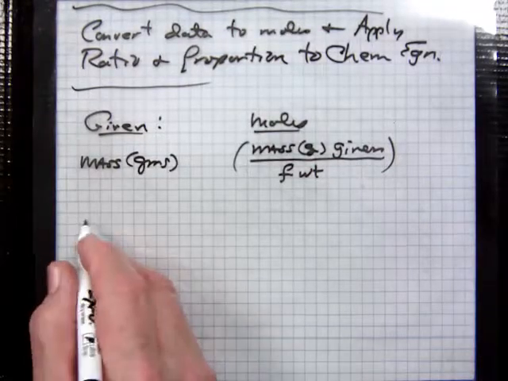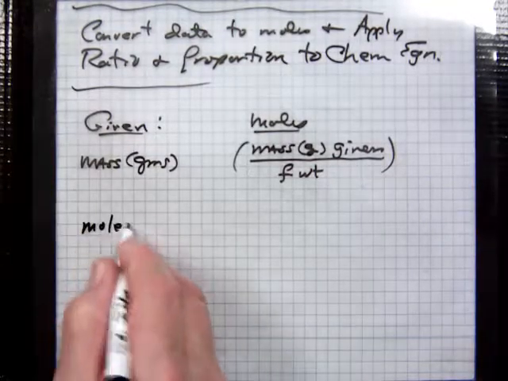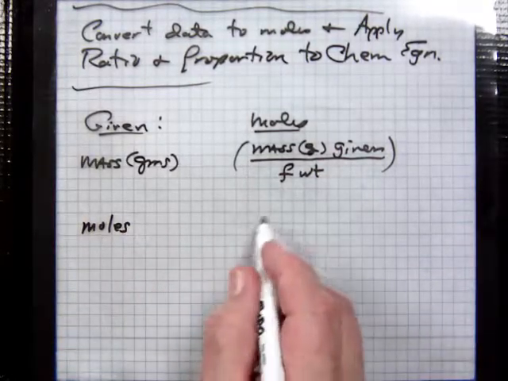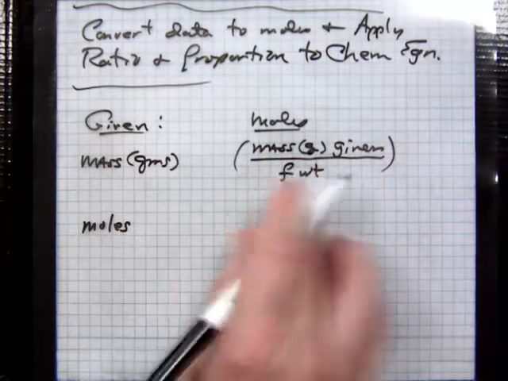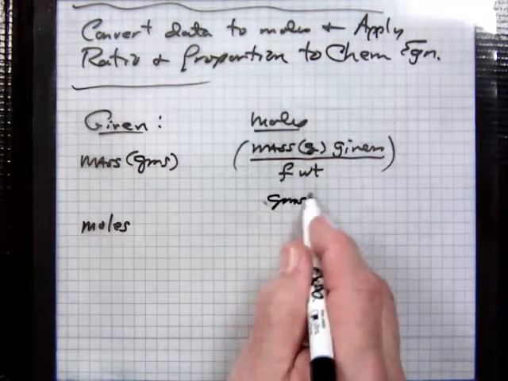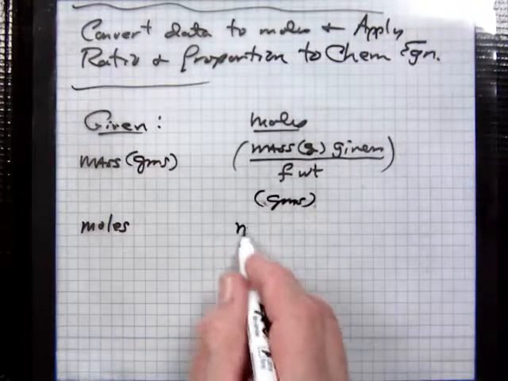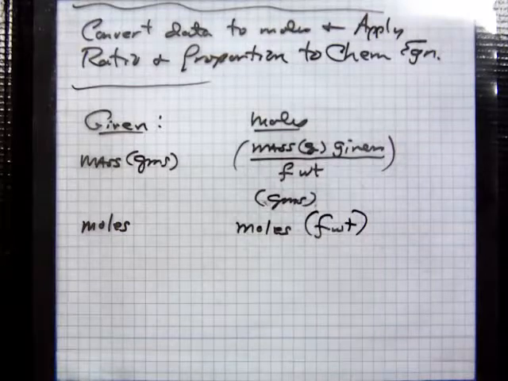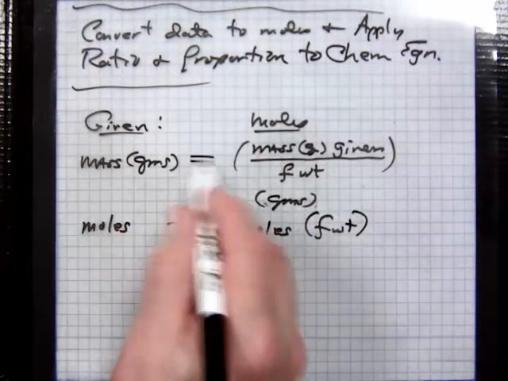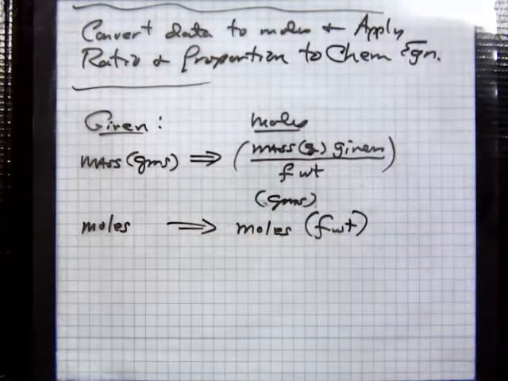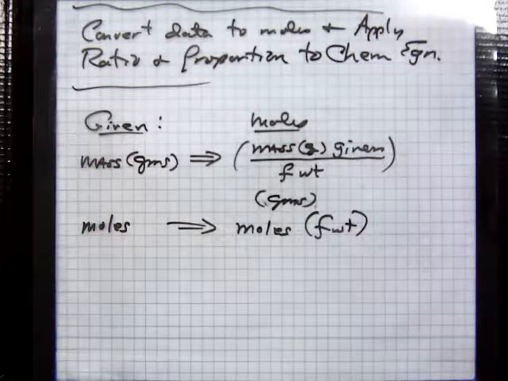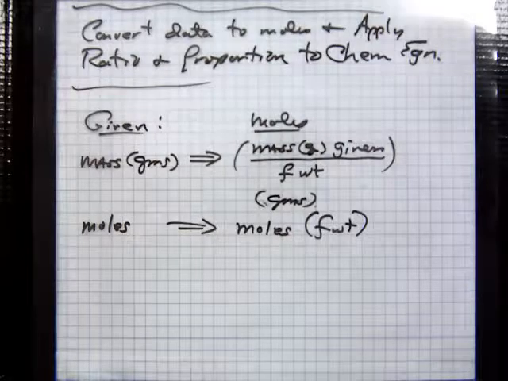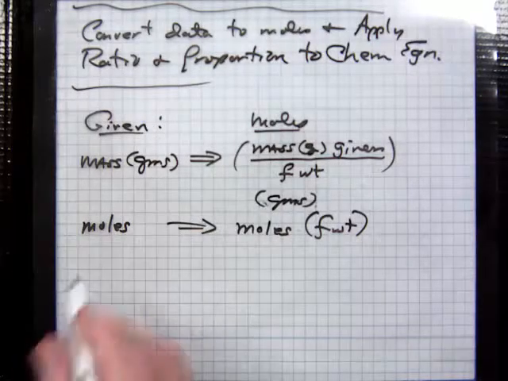Now, if you're given moles, whatever they are, then you want to go back to grams. Then it's moles times formula weight. So you need to know these reflexively. Like if I ask you what your name is, you don't have to think about it. You give it to me.